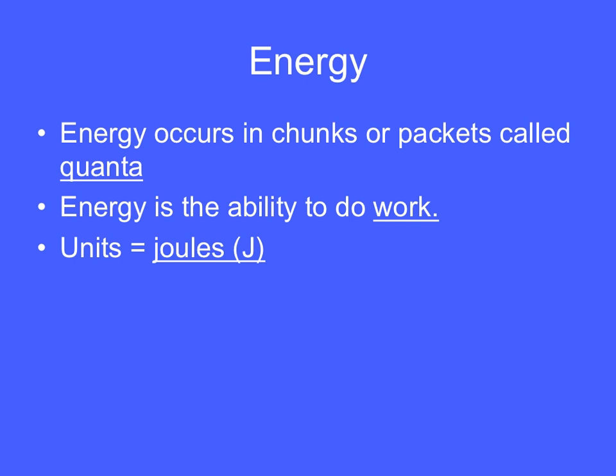So what I want to do to finish off this first segment of the unit is to take a look at our first form of energy, and it's one that you're familiar with from your previous science classes, and this is kinetic energy. Kinetic energy is the energy of motion, and this motion can be moving things from one place to another, or it can be the wiggling or wobbling of the particles of a substance in place, like with a solid.